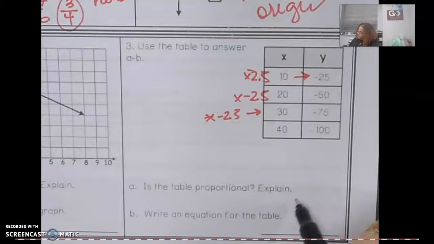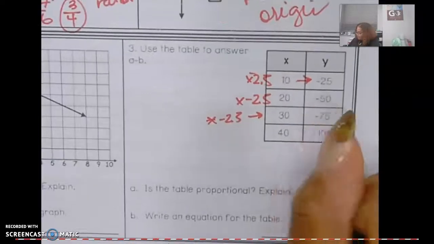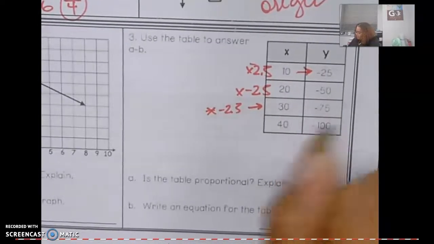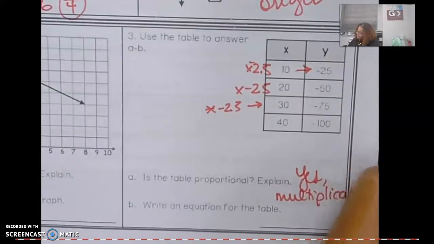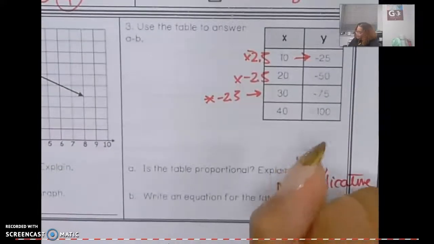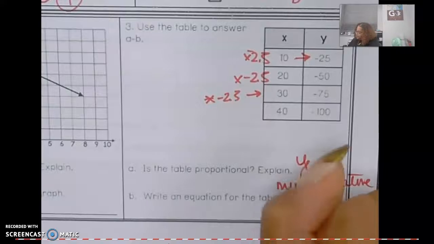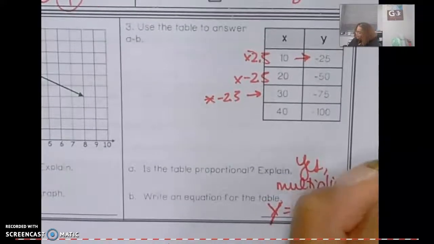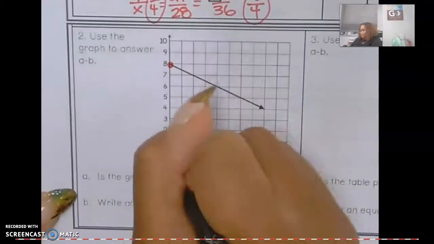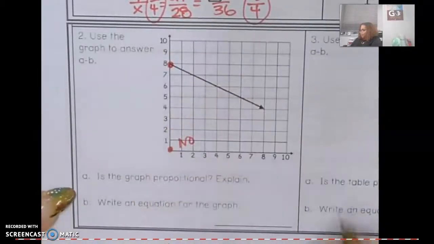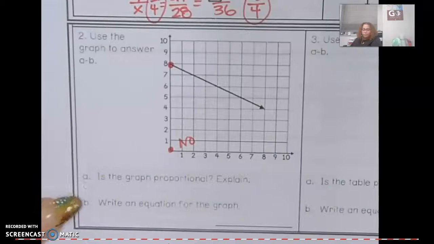Is the table proportional? Yes, it's only multiplicative. Write an explanation. Y equals -2.5x. Over here, is this proportional? Does it go through the origin? No, not proportional because it doesn't go through the origin.